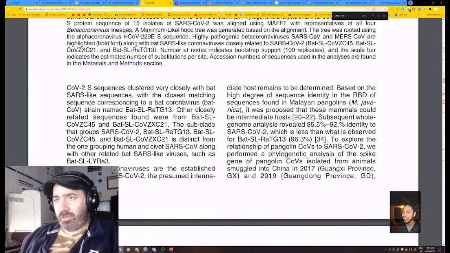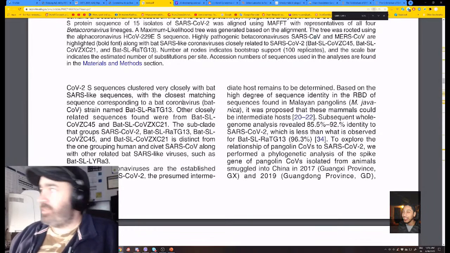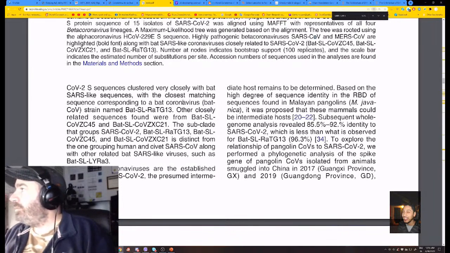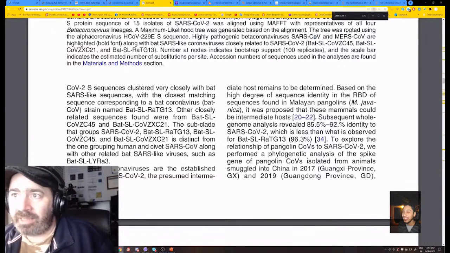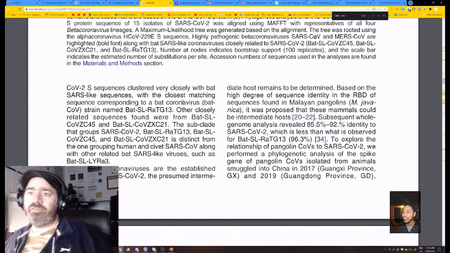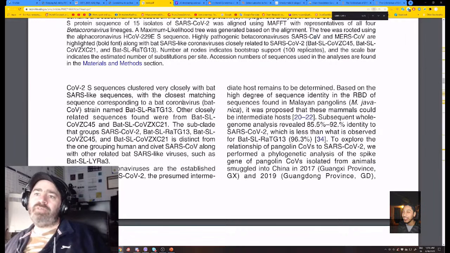The subclade that groups SARS-CoV-2, bat SL RATG13, bat SL-CoV-ZC45, and the bat SL-CoV-ZXC21 is distinct from one grouping human and civet SARS-CoV, along with other related SARS-like virus such as bat SL LYRa3.